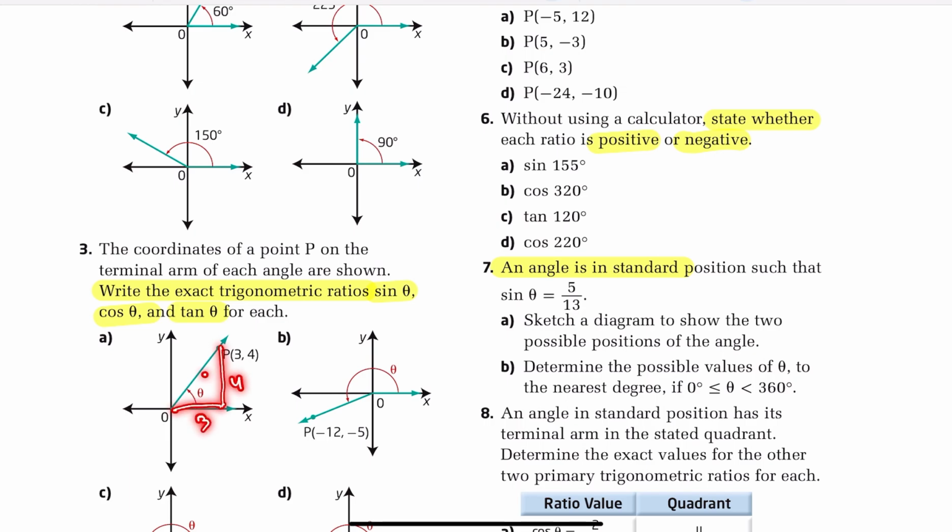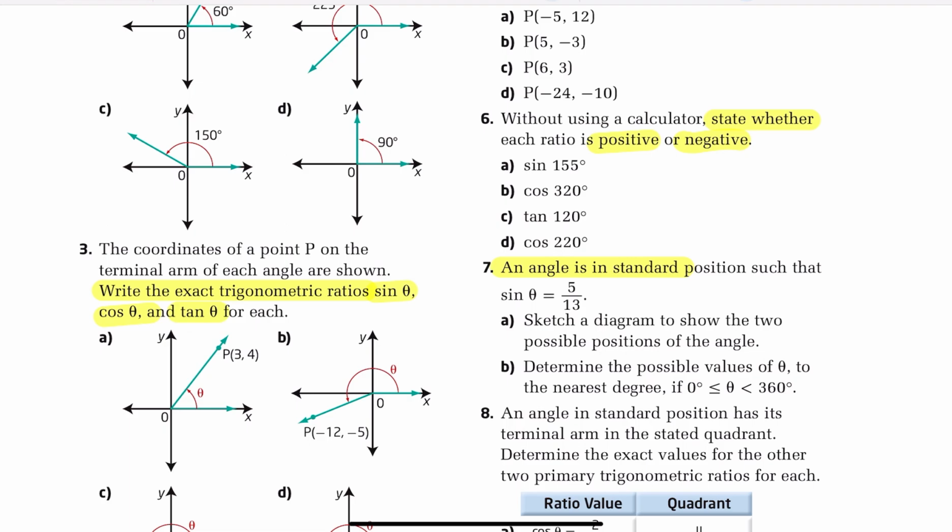You need to find this section by applying the Pythagorean theorem, which is 3 squared plus 4 squared, which is 25. The square root of 25 is 5. So you have, this is 5, this is 4, this is 3. From there you can say the sine of this theta is 4 over 5, the cosine is 3 over 5, and the tan is 4 over 3.